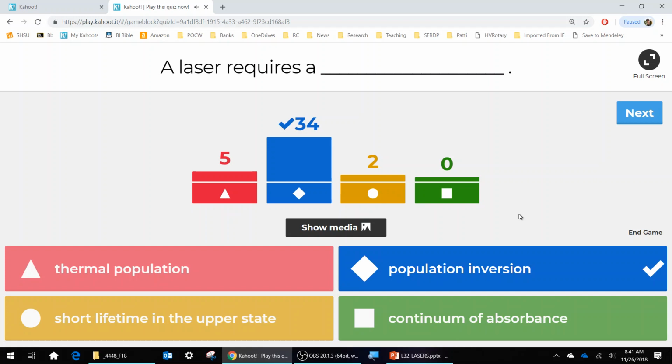The other options, thermal population is exactly not what you want, okay, because that's mostly atoms in the ground state. Short lifetime in the upper state, that makes it difficult, actually, because you want to have molecules get stuck in the upper state. So you really want a longish lifetime in the upper state. And then the continuum of absorbance, we're dealing with individual energy levels, so a continuum is a smear of energy levels. It absorbs at all wavelengths, and so you really wouldn't want a continuum of absorbance.